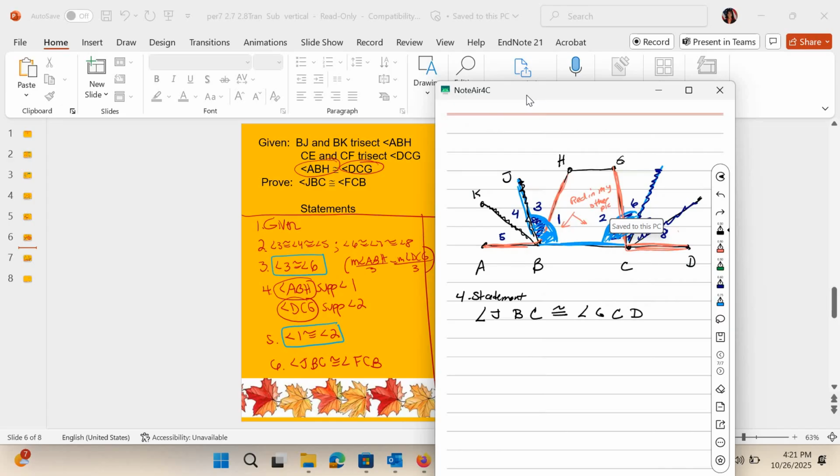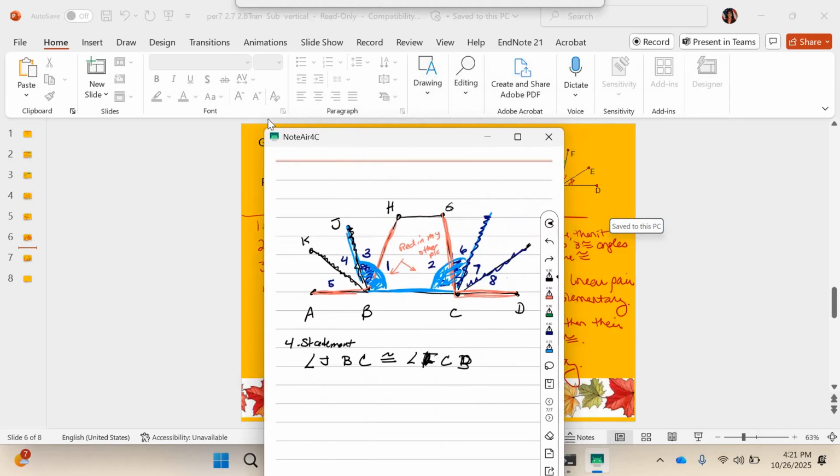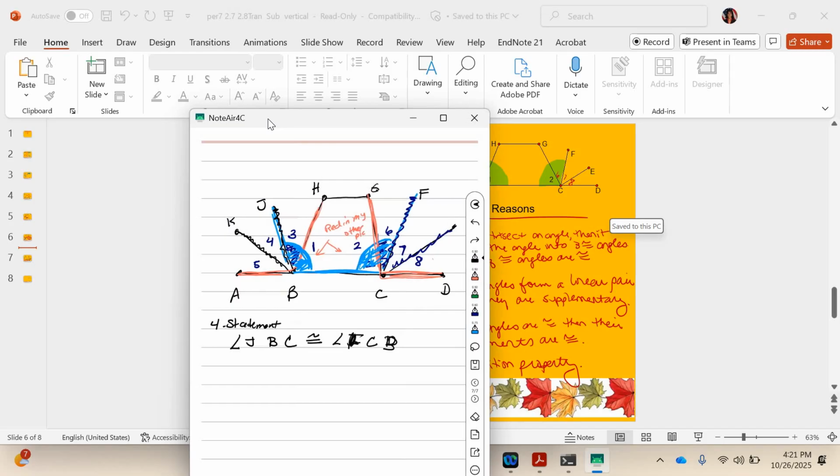I got these wrong. JBC is congruent to FCB, sorry. I forgot to label all these because they fell off my picture. Here's my F and here's my E. The blue part is FCB. So they're congruent. Why? For a reason.